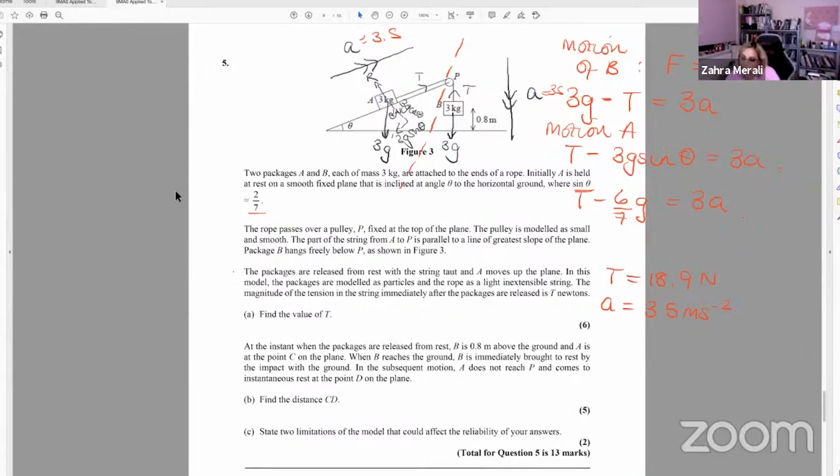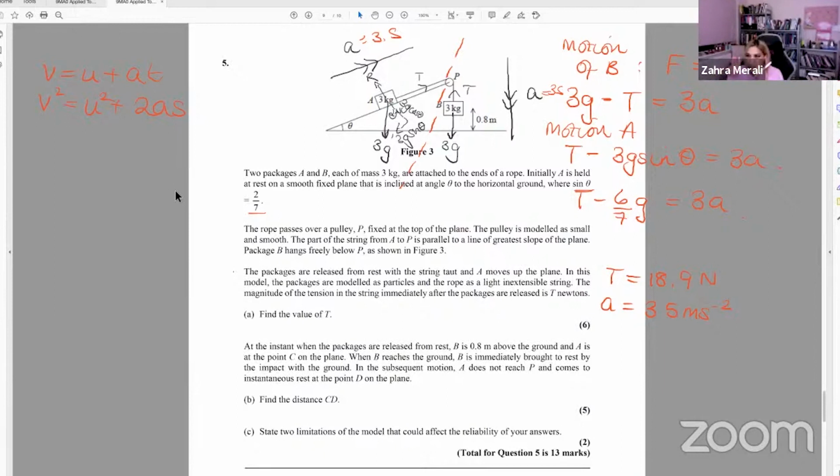Depending on what the question gives you, you will always be using either v equals u plus at, if they give you a time, or v squared equals u squared plus 2as. So the first step of any second part of pulley questions is always the same. Here, they're released from rest, and it takes 0.8 seconds before it hits the ground, at which point it goes slack, like it goes wobbly and the tension disappears.